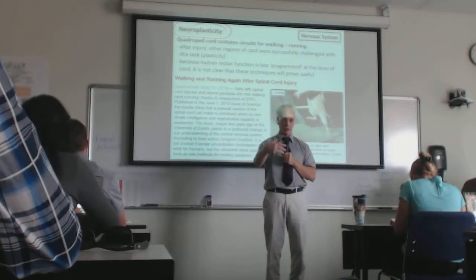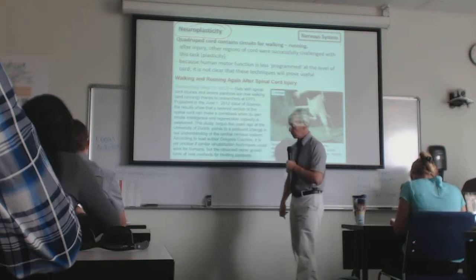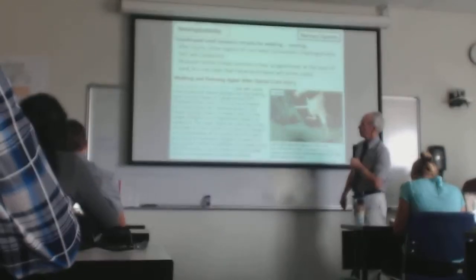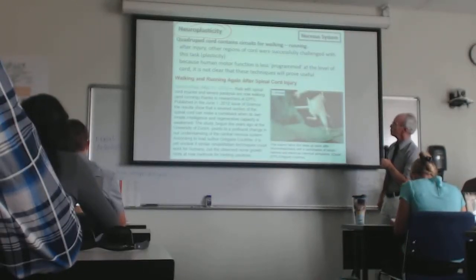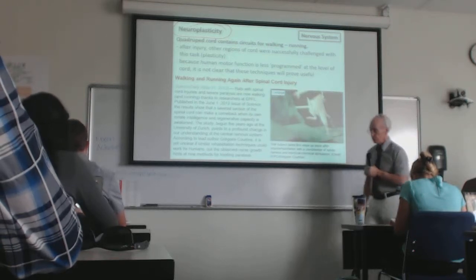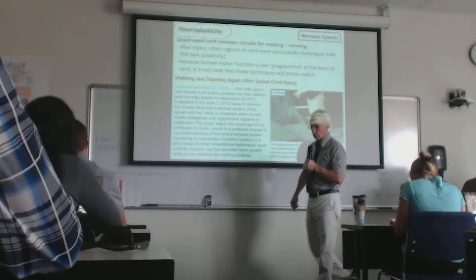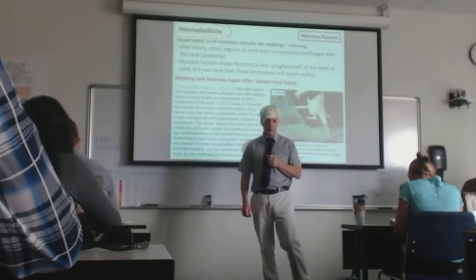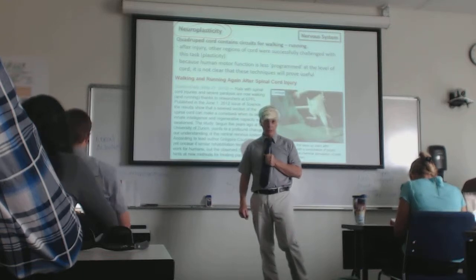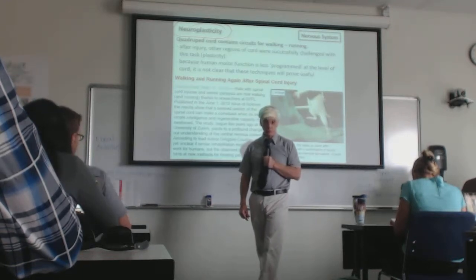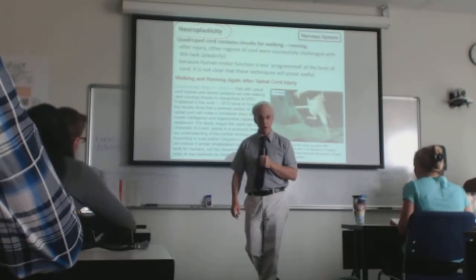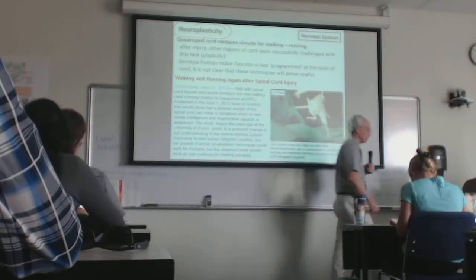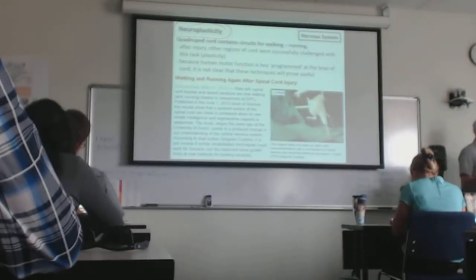The tissue rededicates itself to the functions that were lost. So plasticity is remarkable. You're going to have stroke patients who, for a time, can't move a portion of their body, and it slowly comes back. They have a stroke, and maybe they've lost a portion of their sensorium, and they gradually recover. It may or may not occur. There's no guarantee that will occur, but that's the notion of plasticity.